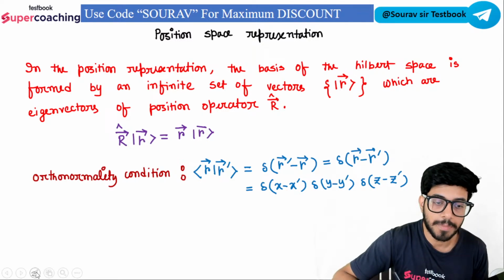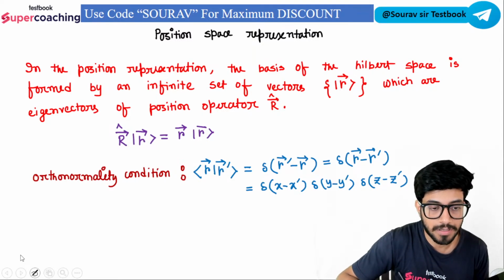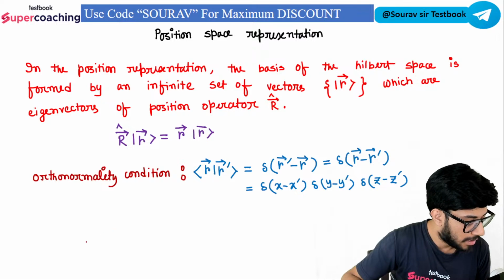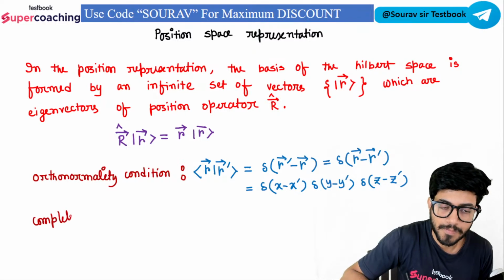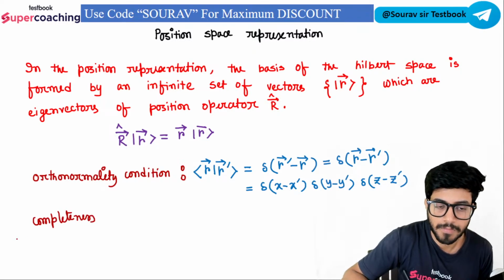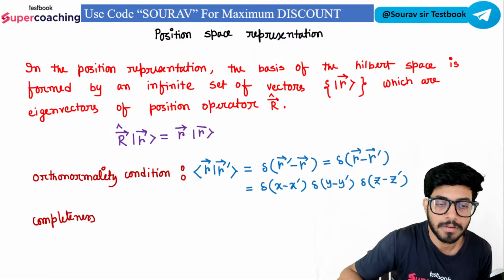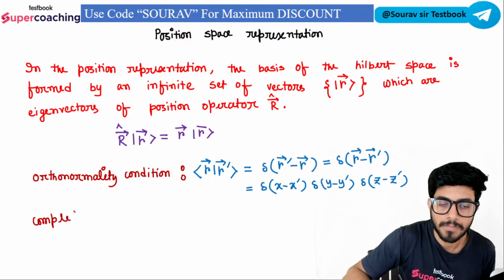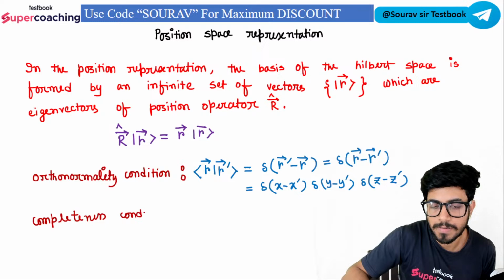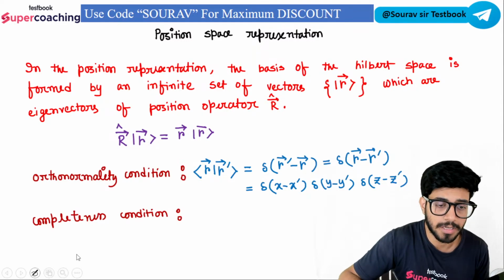That's all. And apart from this, we have another condition which we call the completeness condition, which is the closure property as well.